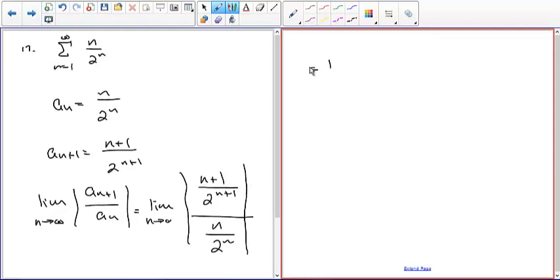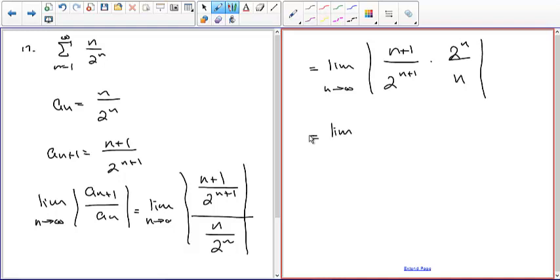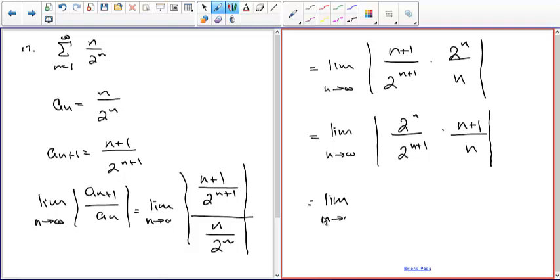Take the reciprocal of the denominator of the big fraction, like that. Rearrange the terms: 2 to the n over n plus 1, n plus 1 over n. Simplify. So we'll get 1 over 2 times n plus 1 over n.